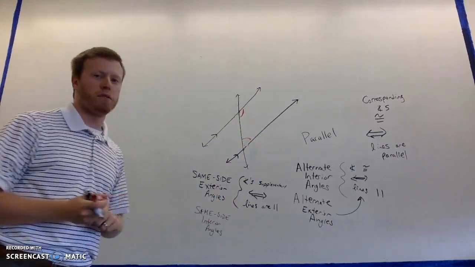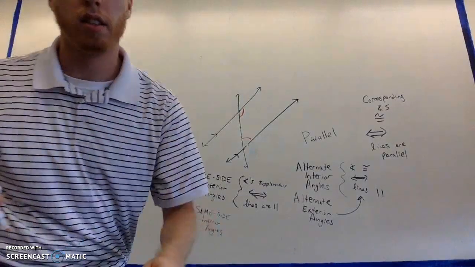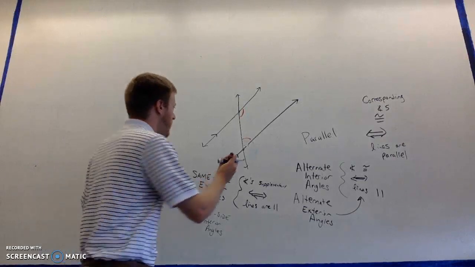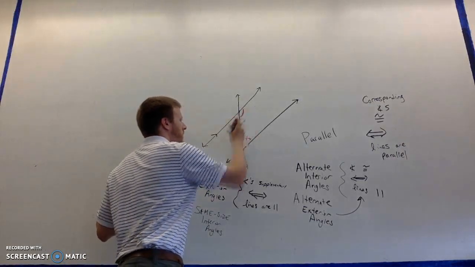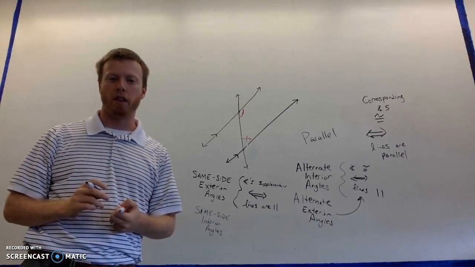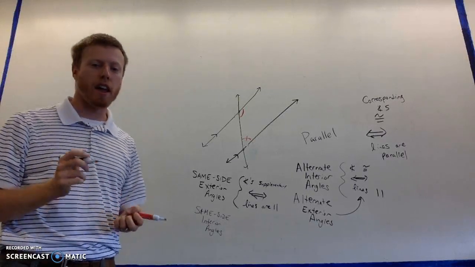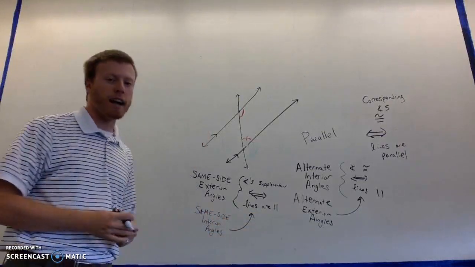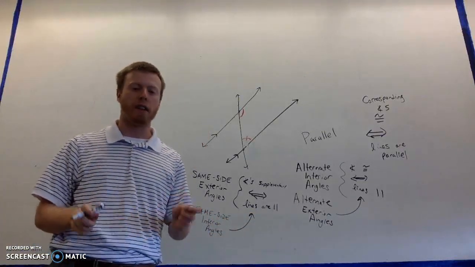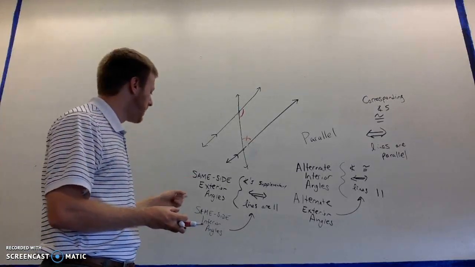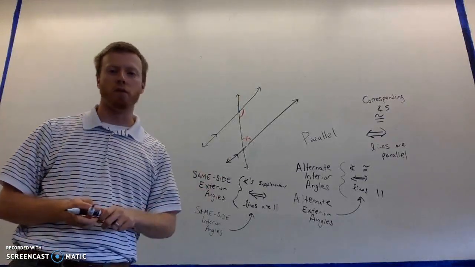These guys definitely don't seem to be congruent. Okay, definitely different. One's obtuse, one's acute. Same relation though as the same side exterior. If we have the angles being supplementary, then the lines must be parallel. And if the lines are parallel, then that means the same side interior angles are also supplementary.